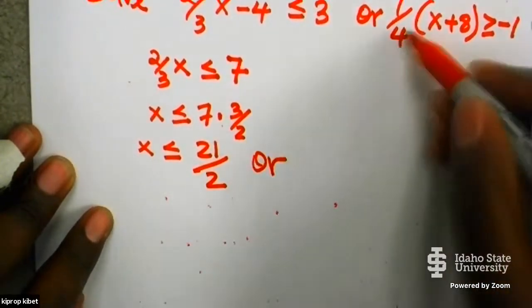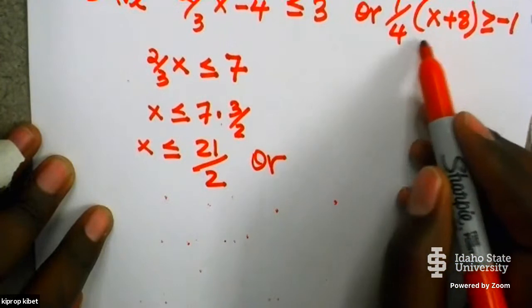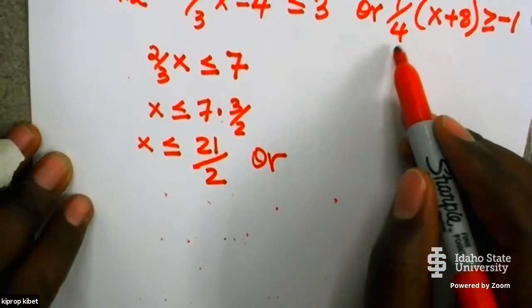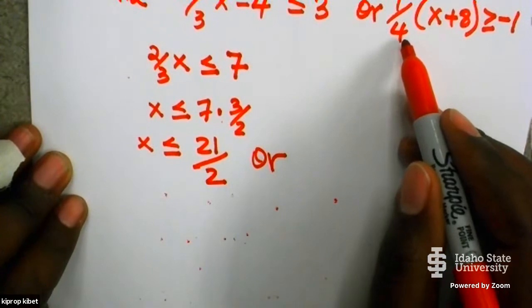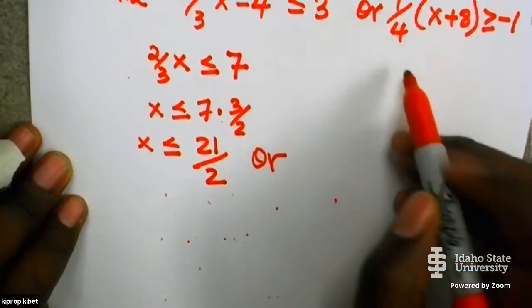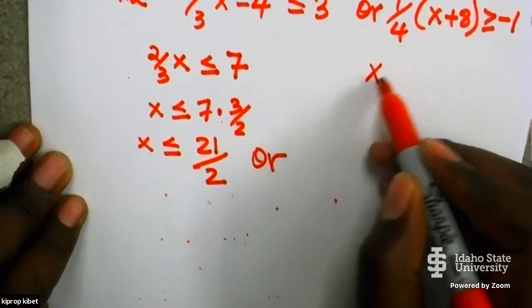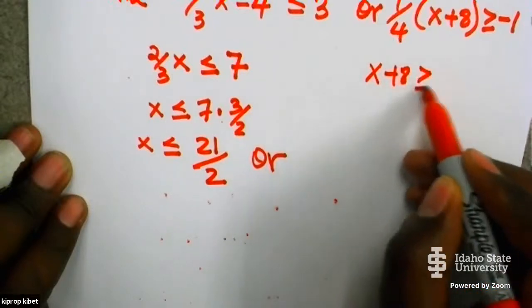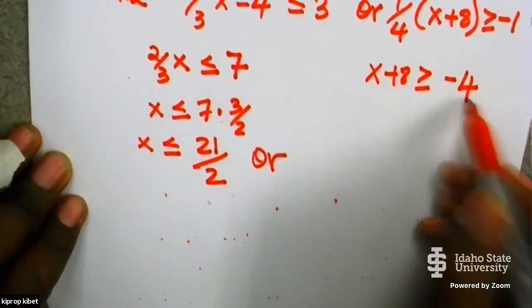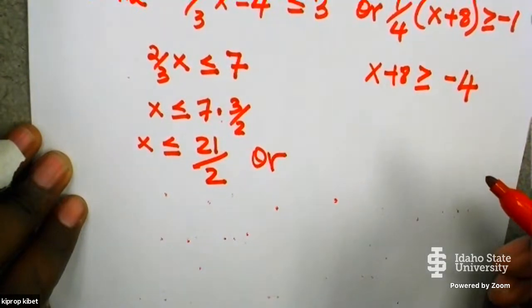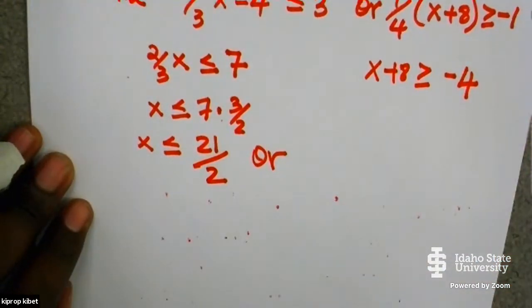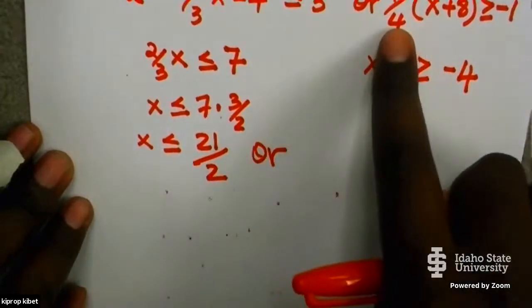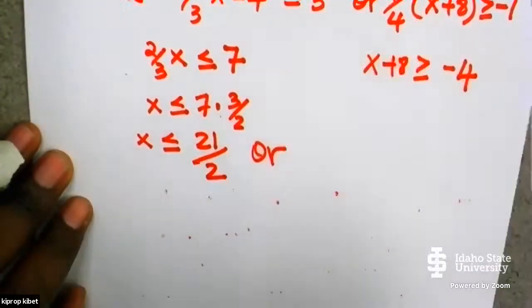Or this one. So we start by multiplying both sides by what? By 4 over 1, right? So by 4. So you get x plus 8 greater than or equal to negative 4, right? So you multiply both sides by 4 so that it cancels with this.